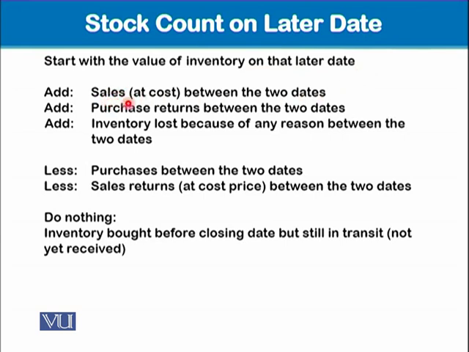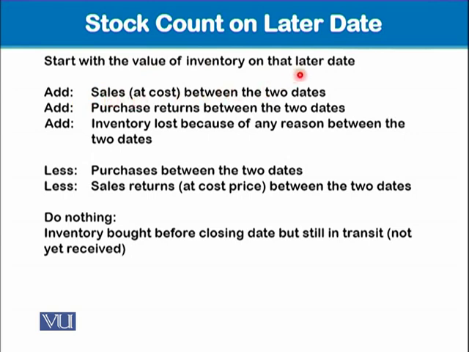sales will be added, means between those two dates, for example between 31st of December X9 and 5th of January Y0, there are 5 days. If we have done the stock count on 5th of January Y0, it means that during those 5 days we have made some sales of goods.